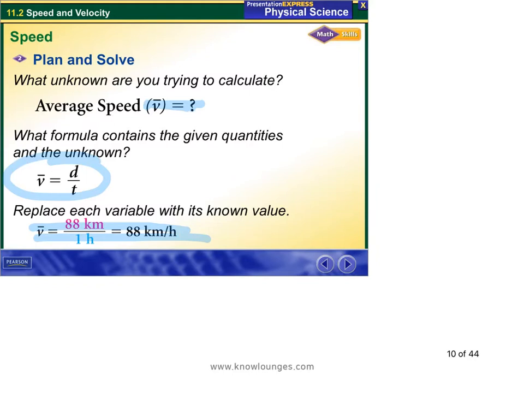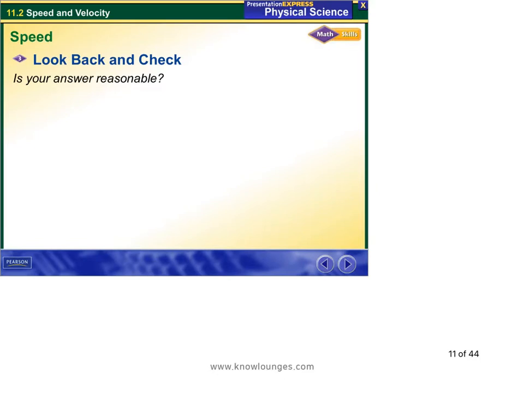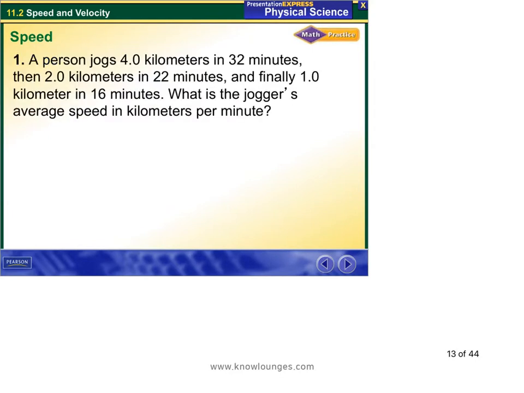And we got our average speed. Always think about, is your answer reasonable? Sometimes just by the type of thing we're talking about, we can tell. Here 88 kilometers per hour is a reasonable speed for a car on the highway.